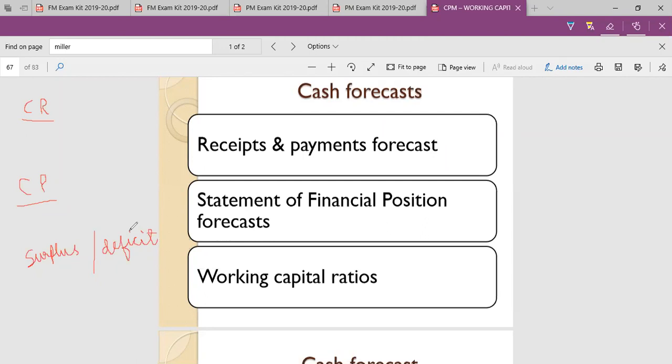When the sales double, what other items would double is what is looked into, and then it is estimated how much cash is available or what arrangements have to be made. That statement of financial position problem indicated that there would be an overdraft of 50. Then along with that there are certain other working capital ratios which have to be used and calculated.